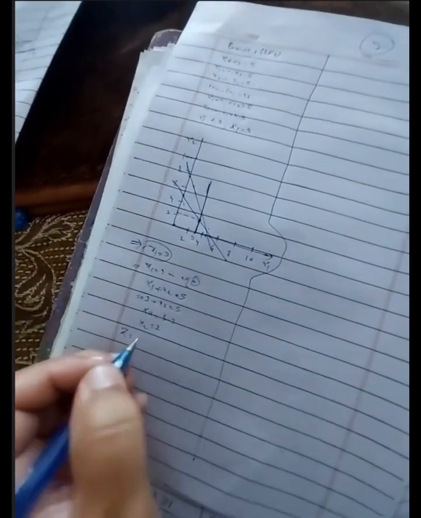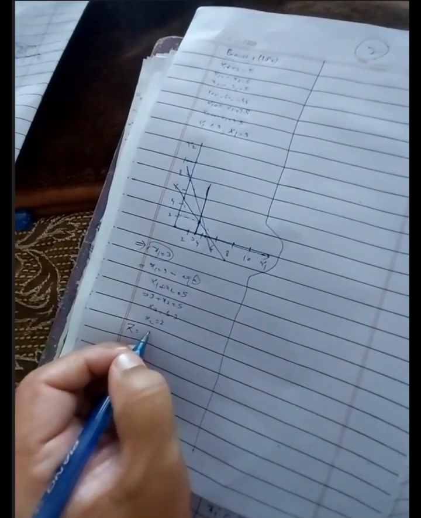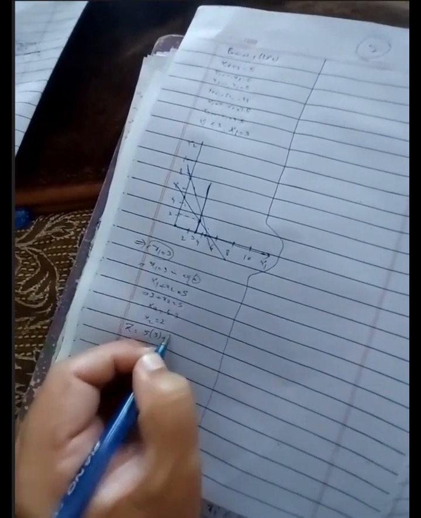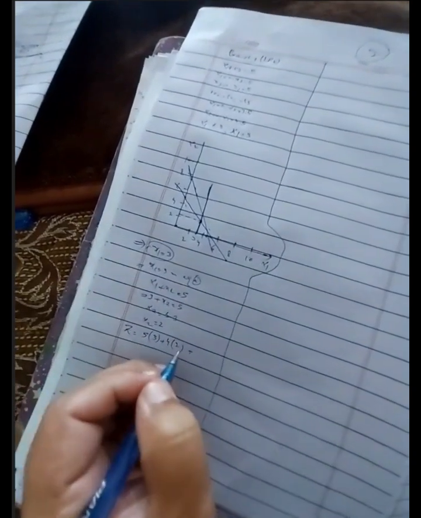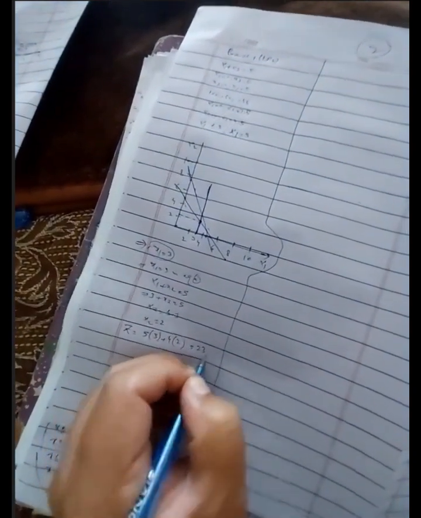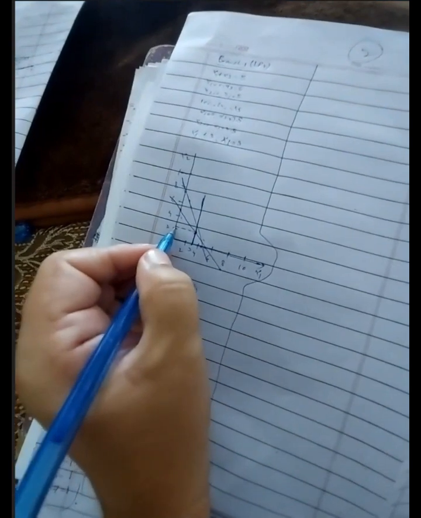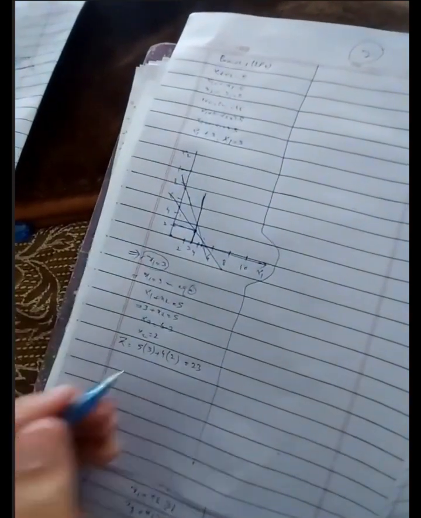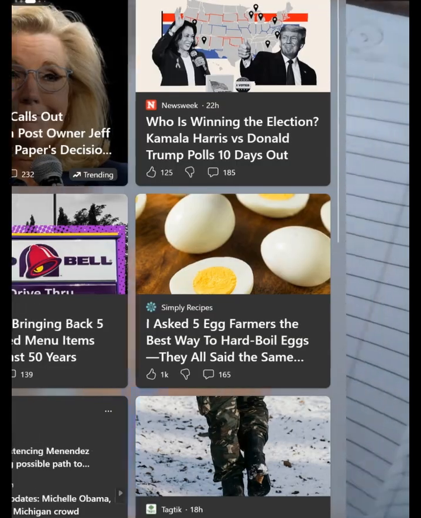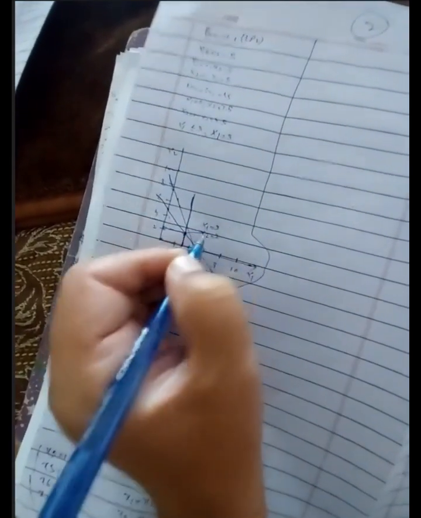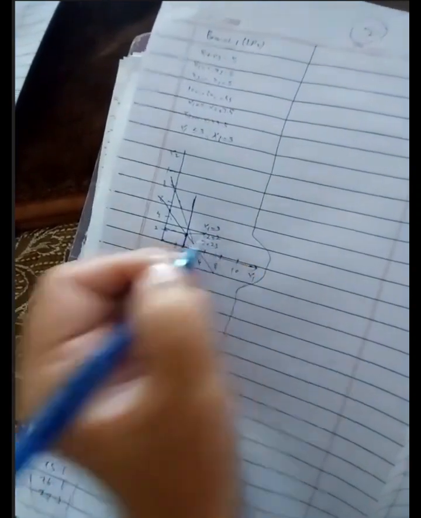And z is equal to 5 into 3 plus 4 into 2, 15 plus 8 is equal to 23. So here x1 is equal to 3, x2 is equal to 2, and z is equal to 23.